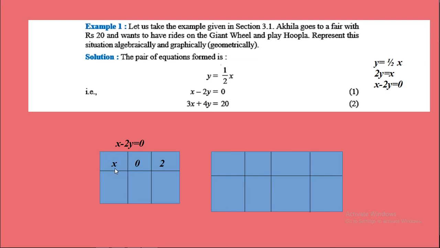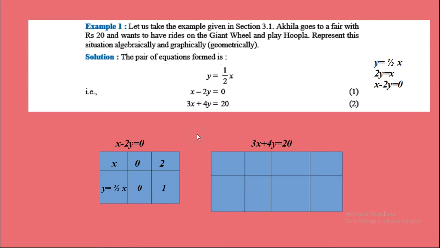Here we have taken x equal to 0 and x equal to 2, and by giving the value of x, we will get the corresponding y value. We have from this equation y equal to half x. When x equal to 0, then y will be equal to half of 0, that is 0. And when x equal to 2, then y will be equal to half of 2, that is 1.